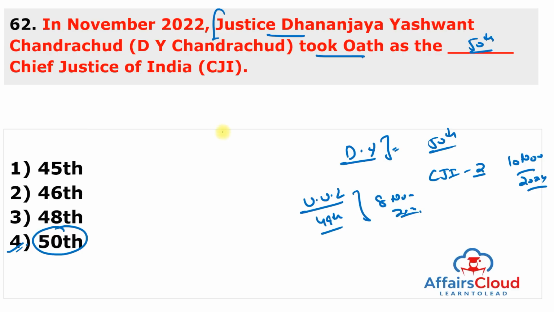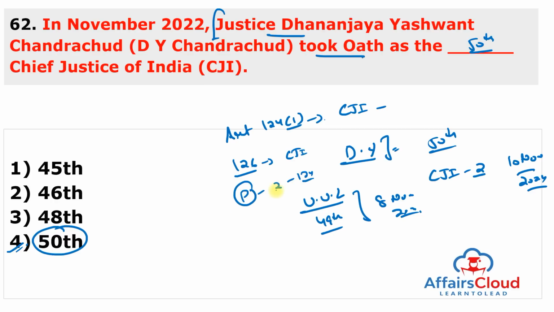And you can also remember Article 124 Clause 1 of the Constitution of India states that there shall be a Supreme Court of India consisting of the Chief Justice of India and other judges. And Article 126 of the Constitution deals with the appointment of the acting Chief Justice of India. And the Chief Justice of India is appointed by the President of India under Clause 2 of Article 124 of the Constitution of India. So just remember these articles.